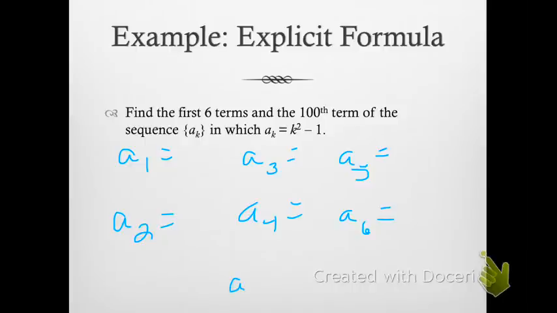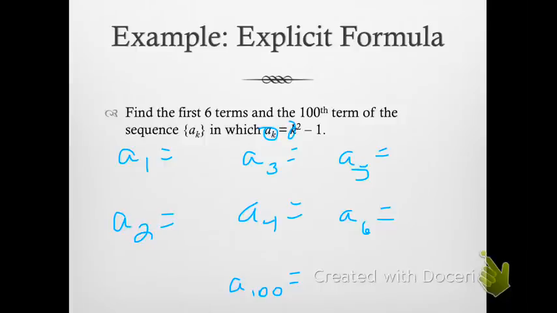And then we also want the 100th term. So just like any kind of equation that you would have done in pre-algebra and algebra, we're just going to plug in the value for k that we write here into the formula here.